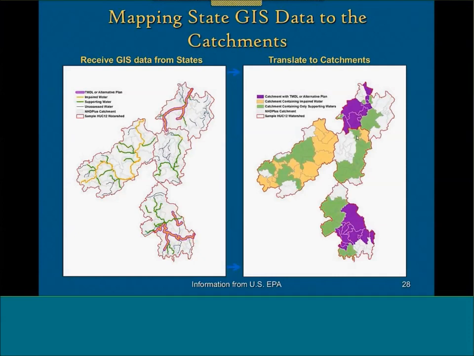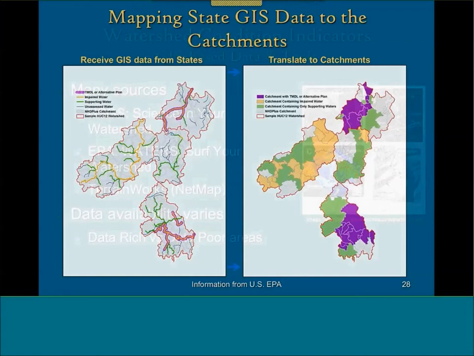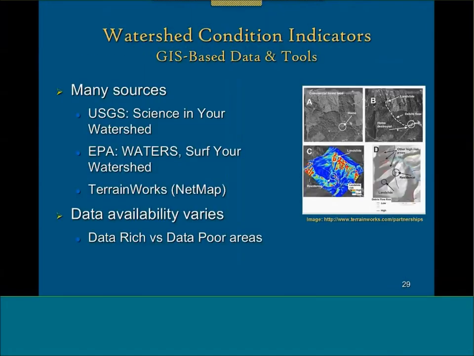Looking at the other watershed condition indicators, there are many sources of information for data and tools out there. Last week, I went to the Science in Your Watershed site that USGS has, and it talks about, of course, the NAWQA program, the National Water Quality Assessment Program.